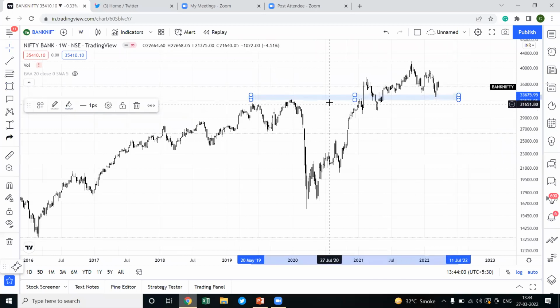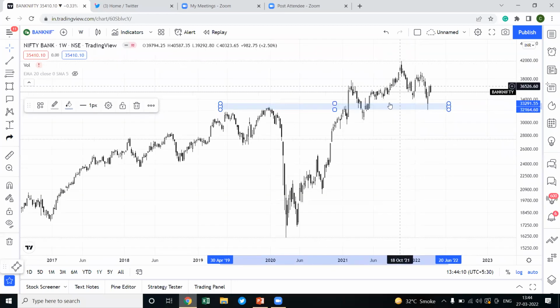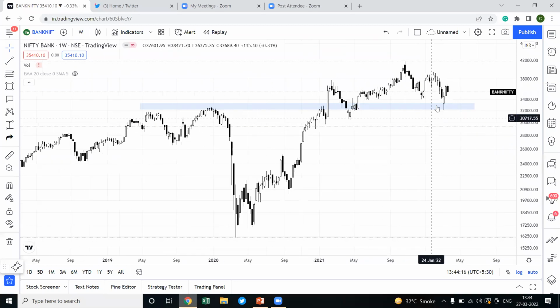This was a very big resistance level for Bank Nifty on the weekly chart, that is the 32,500 to 32,300 levels. It went up till 41,000, came again to retest this particular zone, and you can see a good bullish candlestick formation over here, which means that buyers are interested to buy at these levels, and over here the demand is more than the supply.